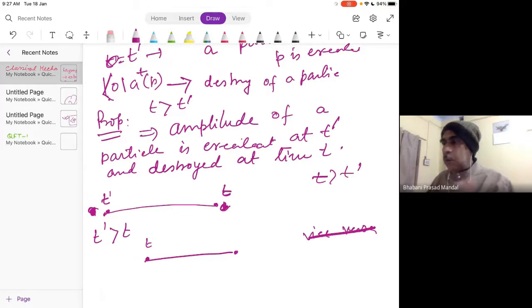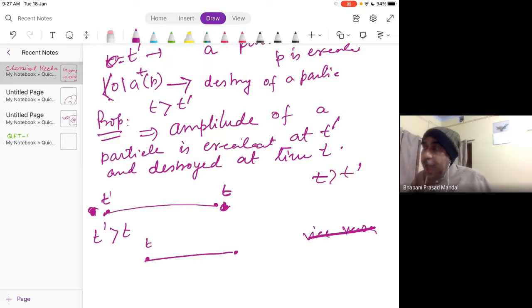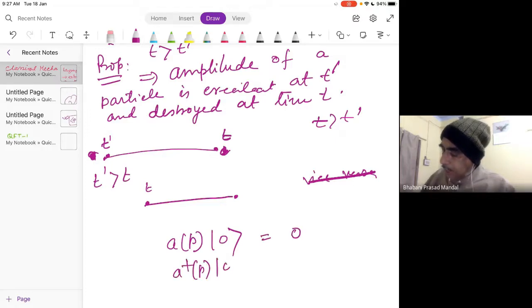Okay, so that will be creation of a particle, isn't it? Which one? The dagger is there, a dagger of p. No, a dagger of p when it acts on the bra space is again a destruction. See, p acting on the ket vacuum will be 0, and a dagger p on the ket will be the state p.